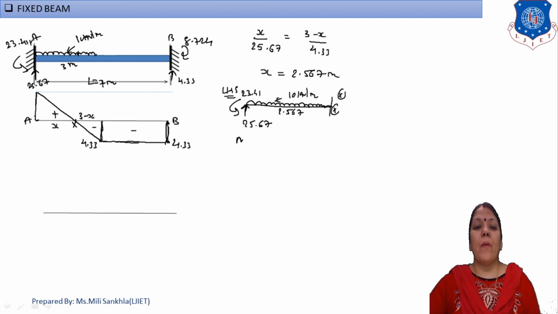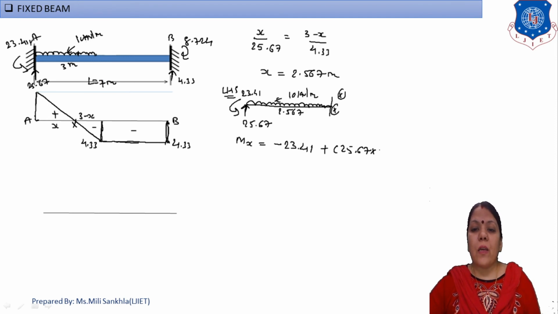Now my maximum moment at x is equal to: this moment is anti-clockwise from the left hand side, so minus 23.41; this is clockwise from the left hand side, so plus; and the point load moment is load into distance, 25.67 into 2.567; and this UDL rotates anti-clockwise, so minus 10 into 2.567 into 2.567 by 2.